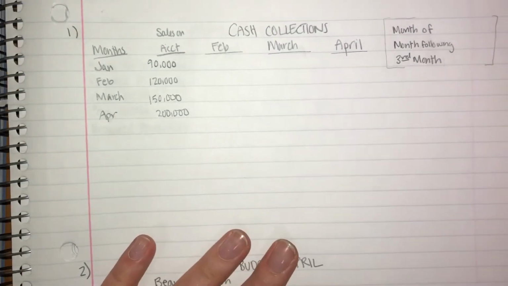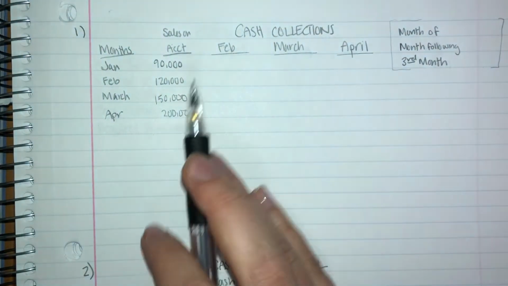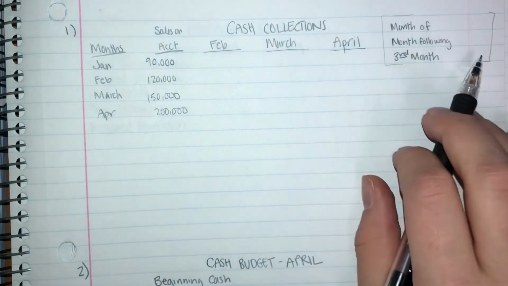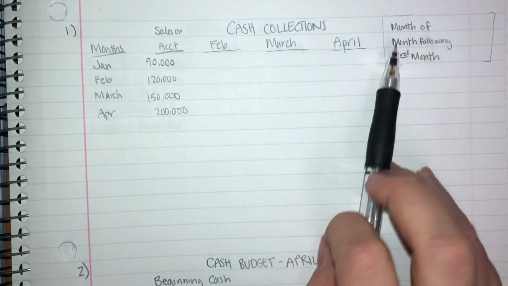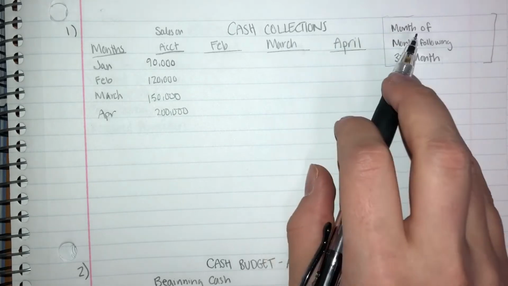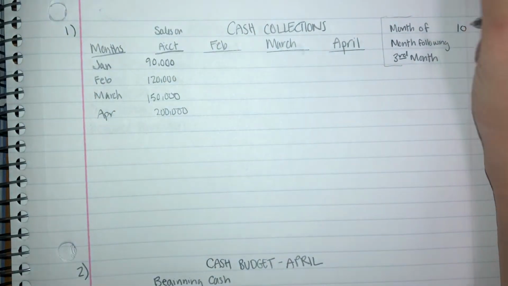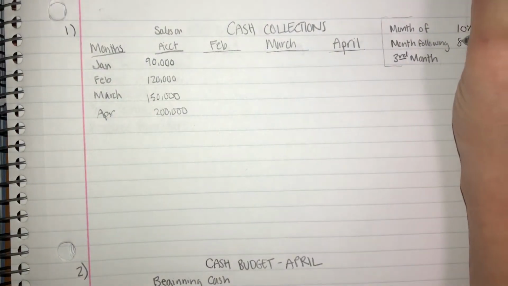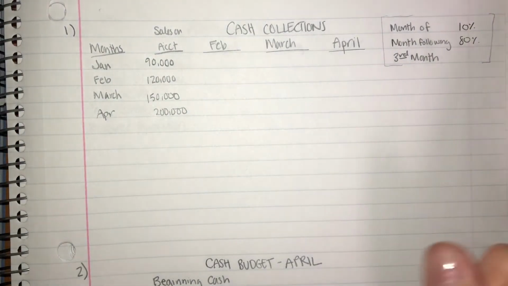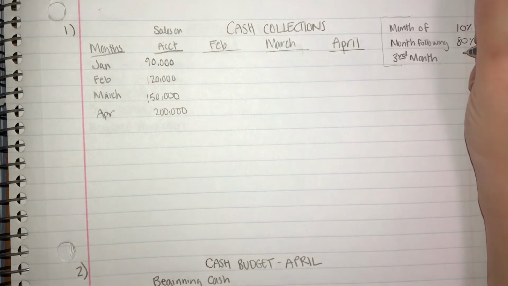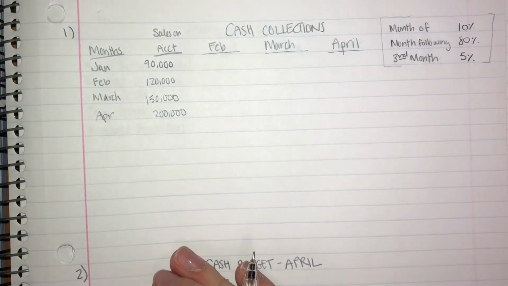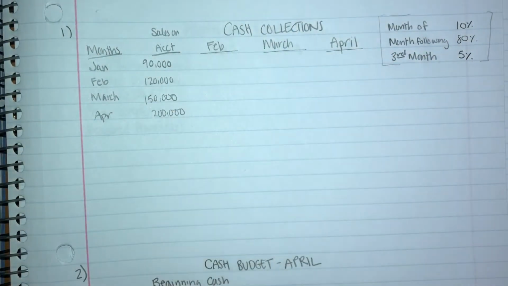Another thing I like to do is have this reference here so I can multiply really easy. I wrote an example here: in the month of sales, I'm collecting 10%. In the month following, I'm collecting 80%. This is just a little table I make, you don't have to do this. And then I'm collecting 5% in the third month. So this will help us as we try and multiply across.